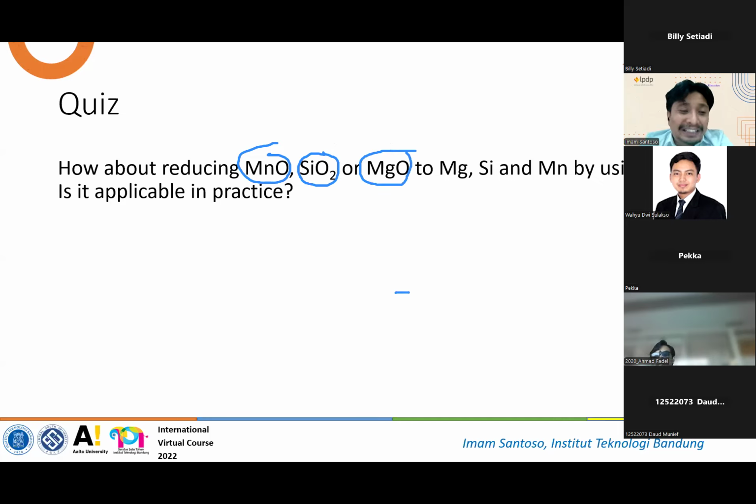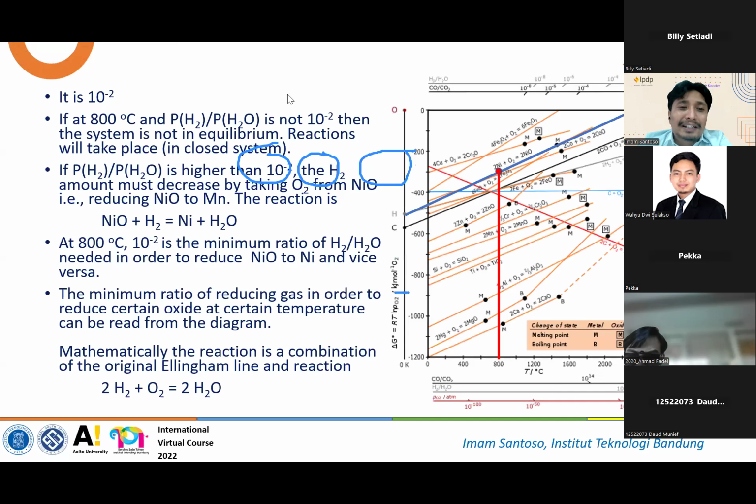Do you think it is applicable in practice? Let's go back to the slide. Mas Wahyu, you can answer. This is a challenging question. Daud, you can answer.